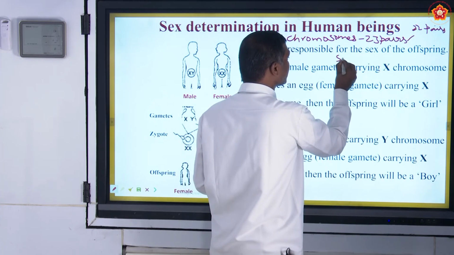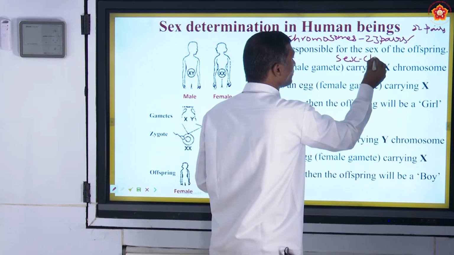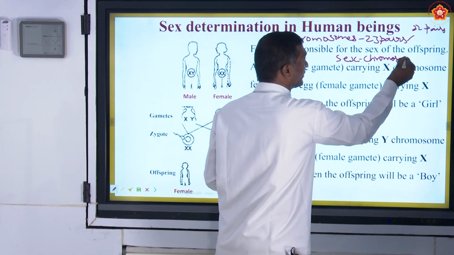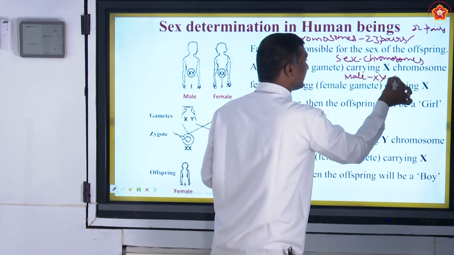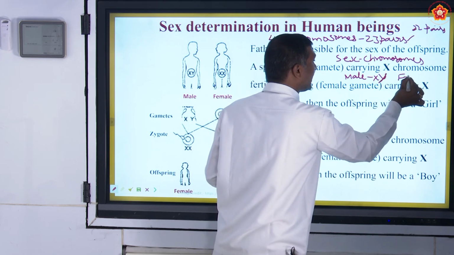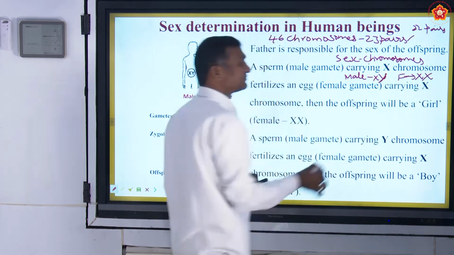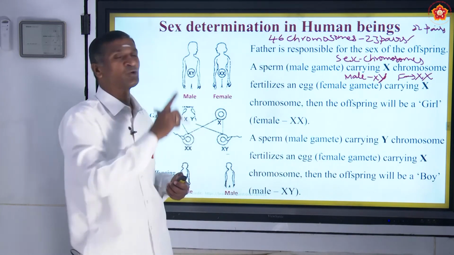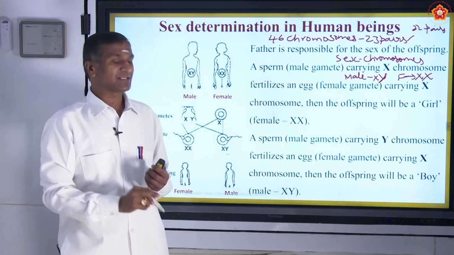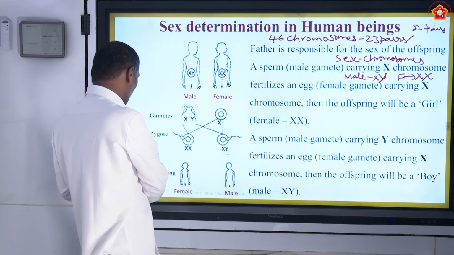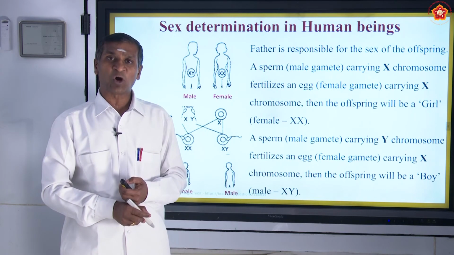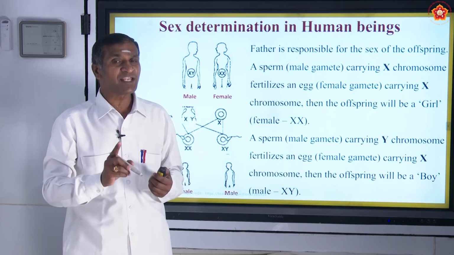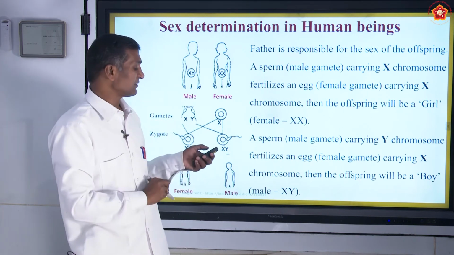Sex chromosomes differ here. Male has XY and female has XX. So it is only the sex chromosomes that are responsible for the sex of an individual, and that too, the male or the female born child sex is determined only by male. So father is responsible.